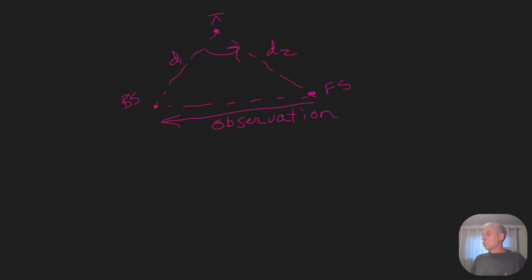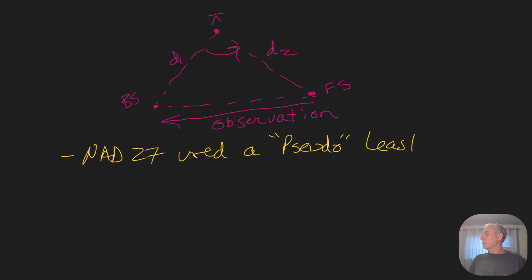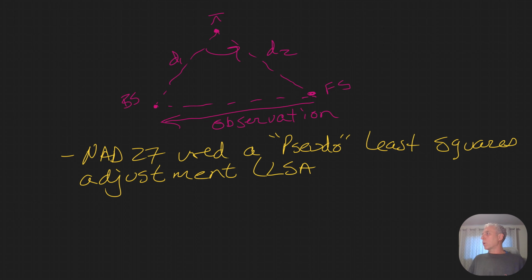So how we use the redundant measurements then is we use them in a least squares adjustment, or in the case of NAD 27, I'll say NAD 27 used a pseudo least squares adjustment. Which I will heretofore be writing LSA for least squares adjustment, so I don't have to keep writing those words out all the time.